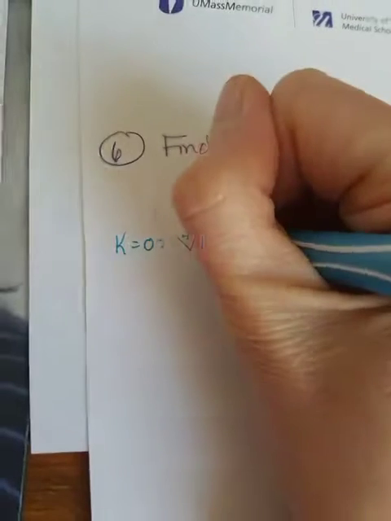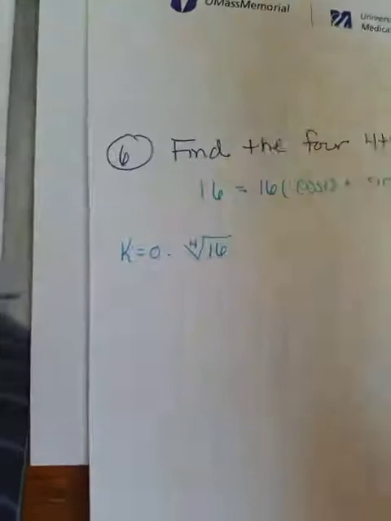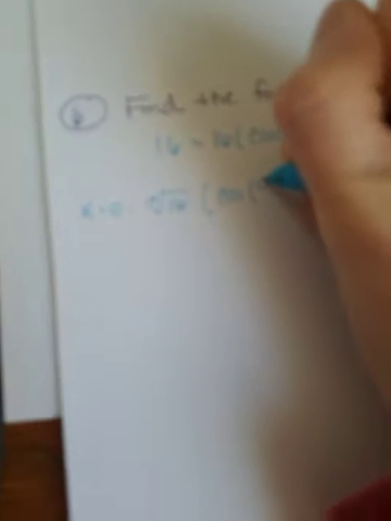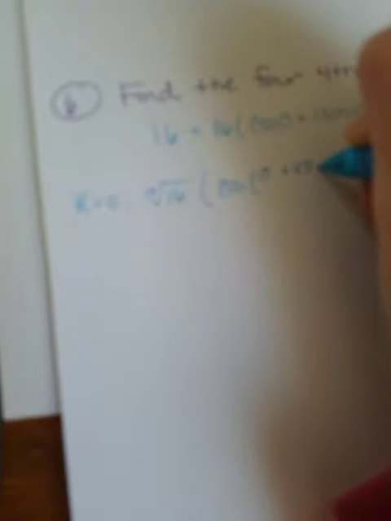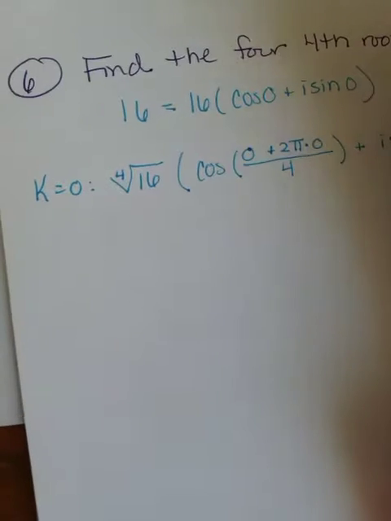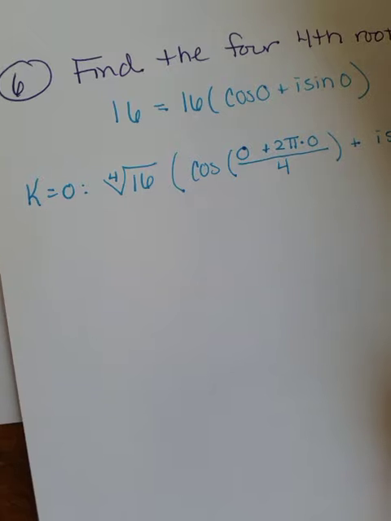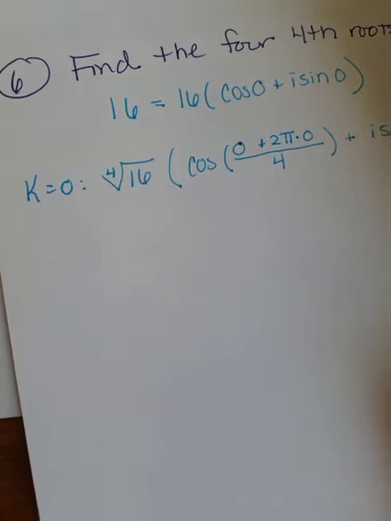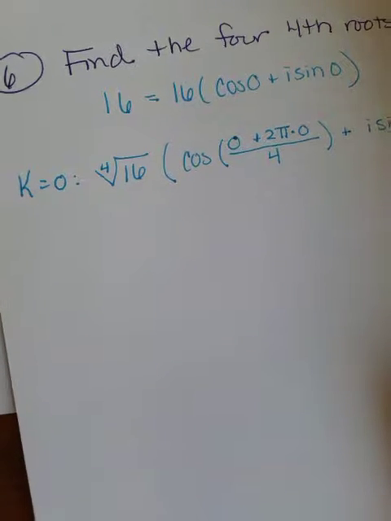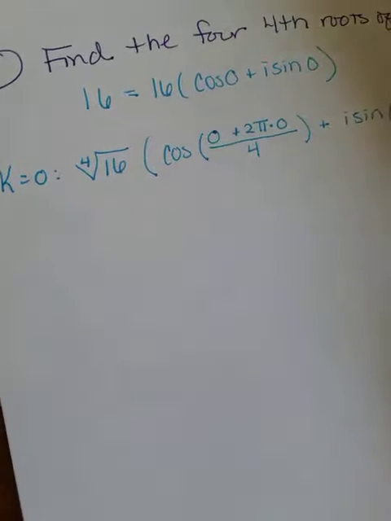So I'm looking at just to substitute in, I have the fourth root of 16 times the cosine of, I'm just writing this all out, your 0, which is your theta, plus 2 pi times your k, which is 0, divided by your n, which is 4, plus i sine of 0, which is, again, your theta, plus 2 pi times 0, which is your k, divided by 4.